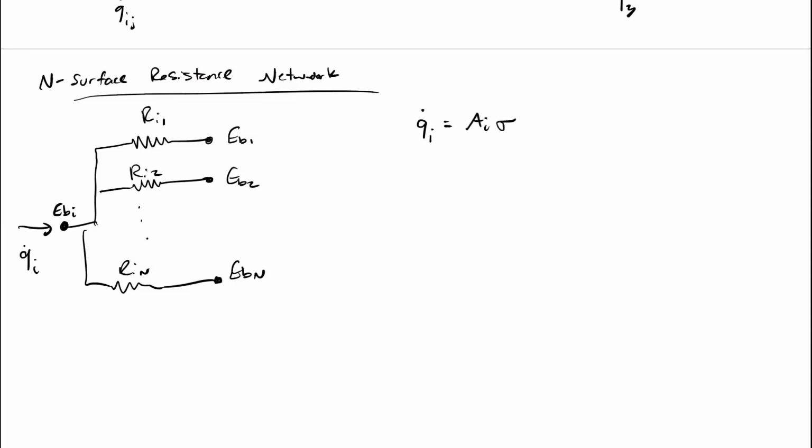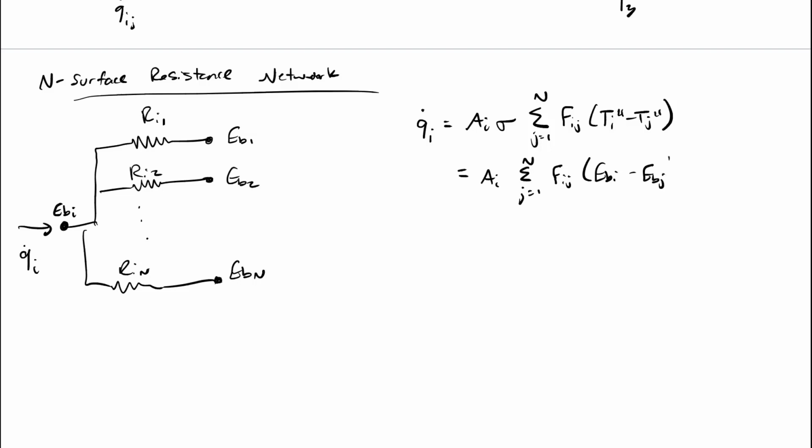So AI sigma, and then I have the sum from J equals 1 to N of Fij times Ti to the 4th minus Tj to the 4th, or more appropriately, as I've written it over here, AI times the sum J equals 1 to N of Fij, the emissive power difference EBI minus EBJ. And this is going to be for I equals 1 to N.